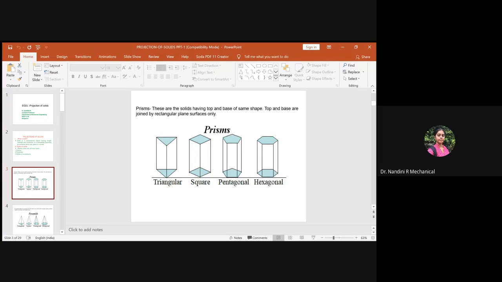This is one rectangular surface, this is one rectangular surface. Here you will have one rectangular surface on the back side, and here also one on the back side. So these two are hidden. Totally you will have four rectangular surfaces which bound the top square surface and the bottom square surface. This is how a square prism looks like.